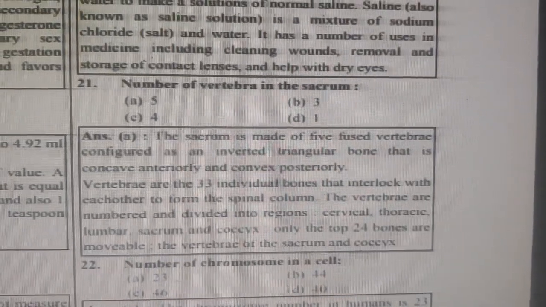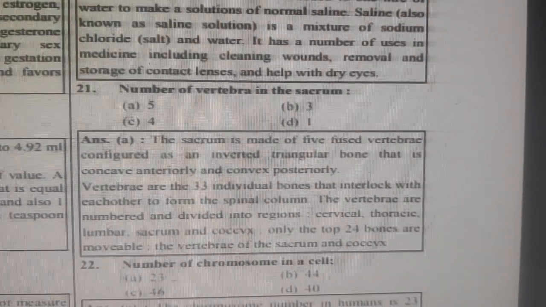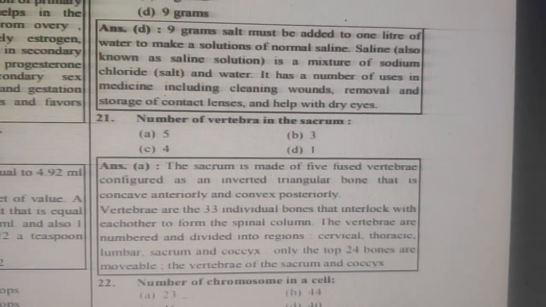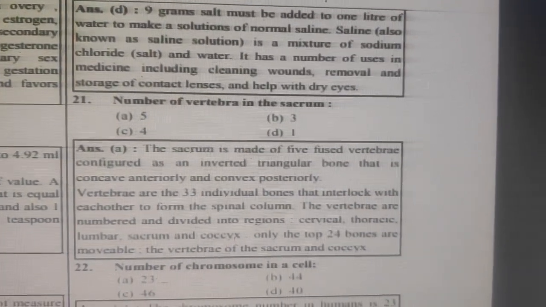21. Number of vertebrae in the sacrum. Option A 5, option B 3, option C 4, option D 1.